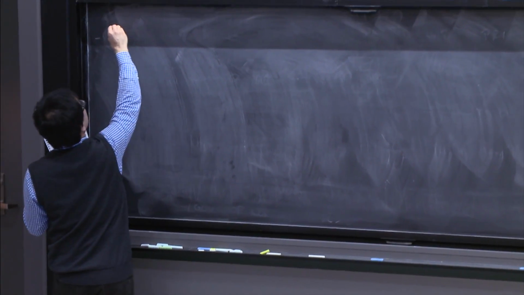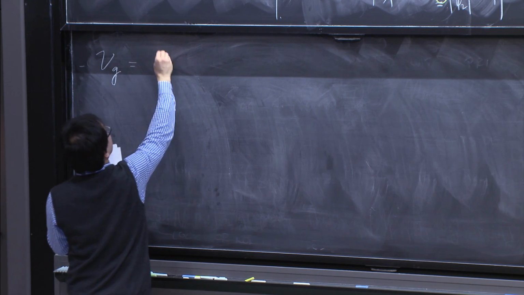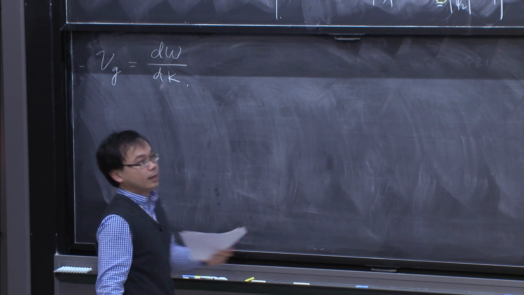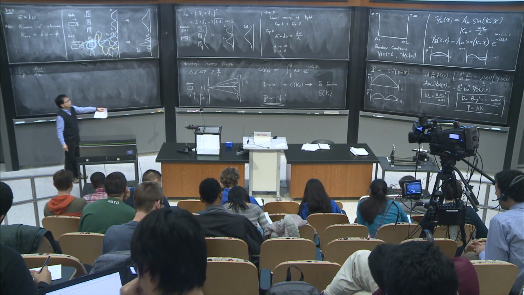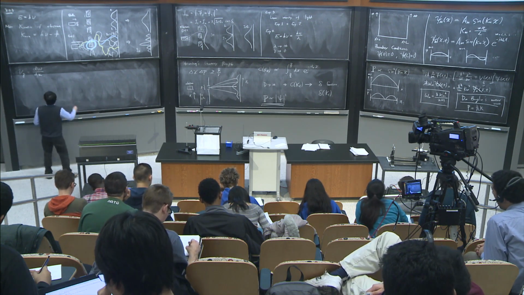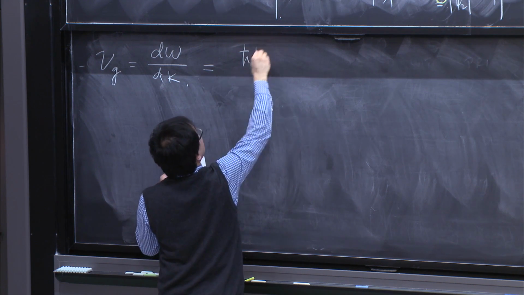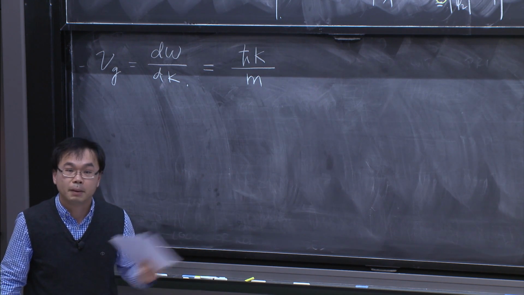So I can now calculate the group velocity v_g, which will be equal to d omega over dk, right? And I know that omega is equal to h bar k squared divided by 2m, right? This is actually equal to h bar k divided by m, right? Everybody's following?